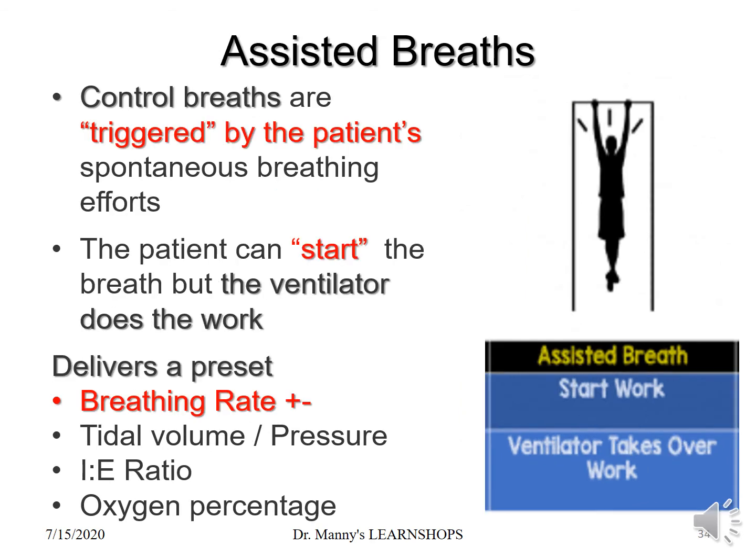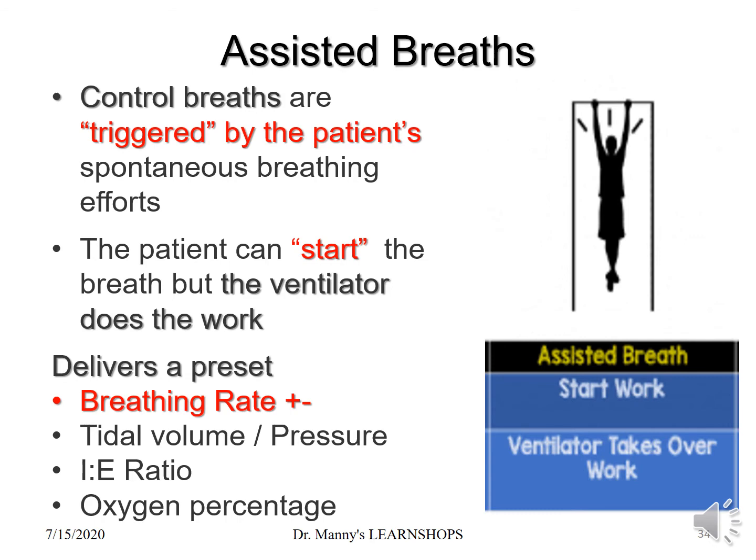Then you've got assisted breaths. Assisted breaths are controlled breaths that are triggered by the patient's spontaneous breathing effort, which means the patient can start the breath. But the ventilator then says, thank you very much, you've started it, but I will do all the work of breathing.